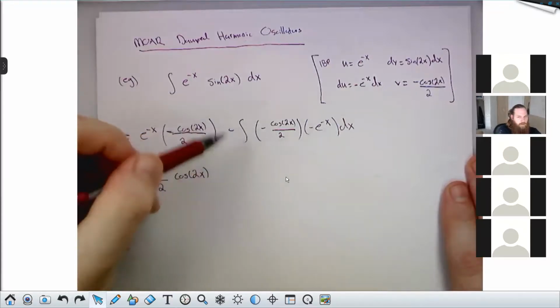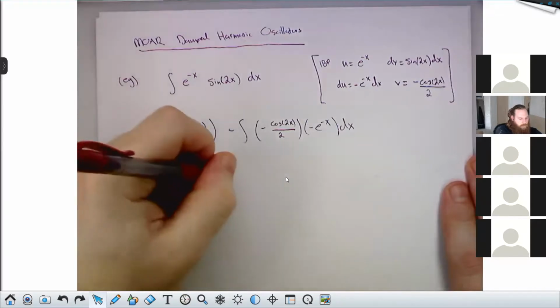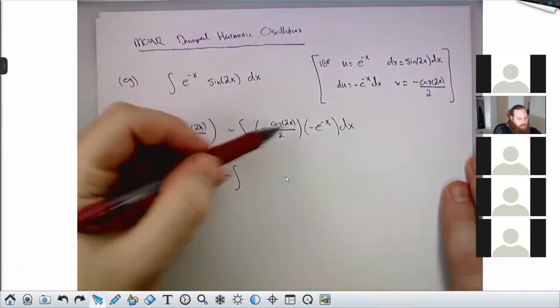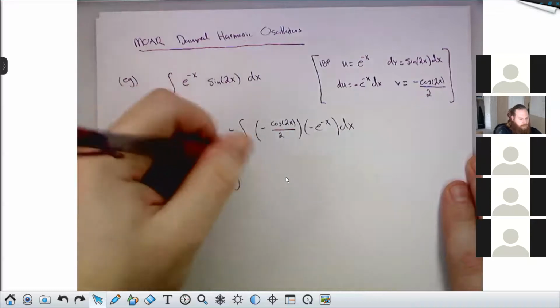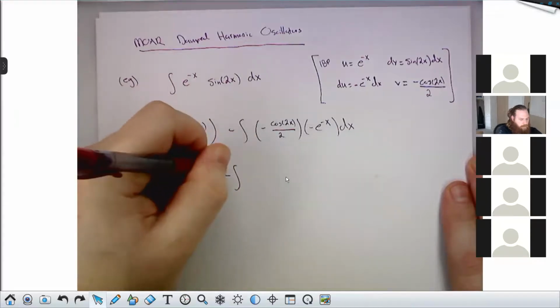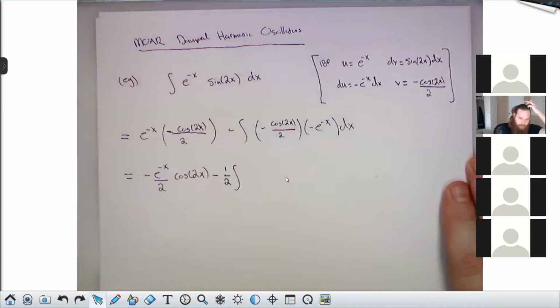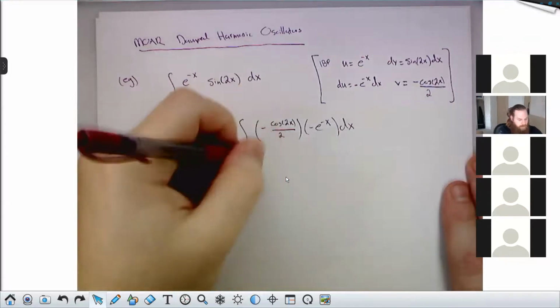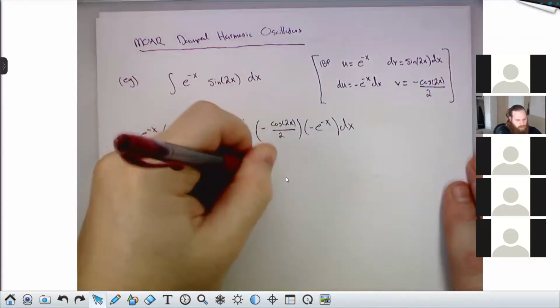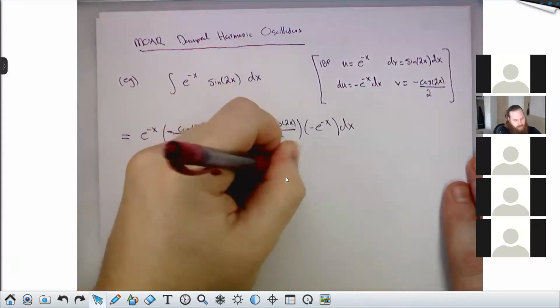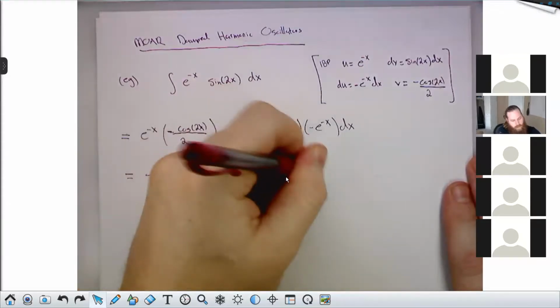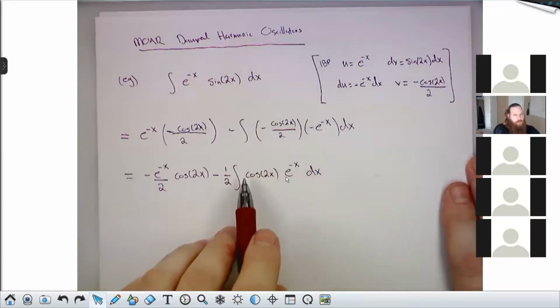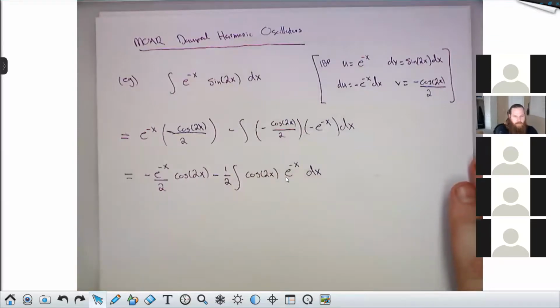And then here, this minus, I'll just carry down, minus the integral, because inside this product will be positive. I'll bring out the 1/2, and then inside there will be cos 2x times e to the negative x dx. Normally I'd write the exponential out front to make it look prettier, but it's okay.